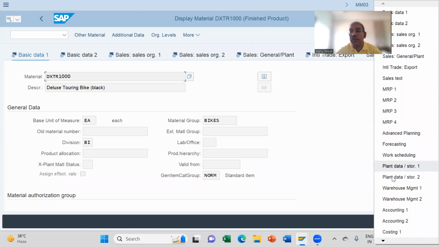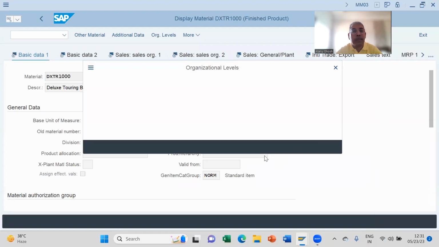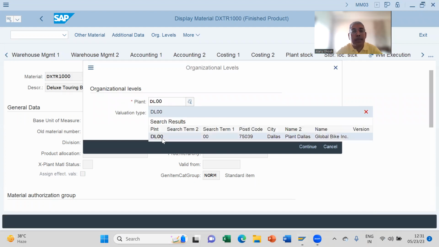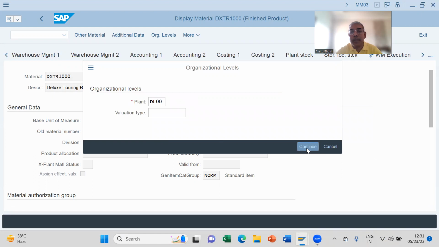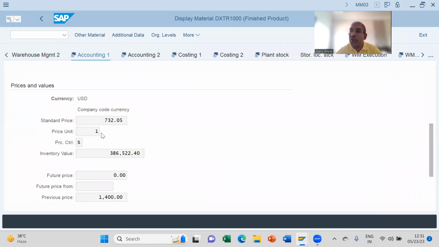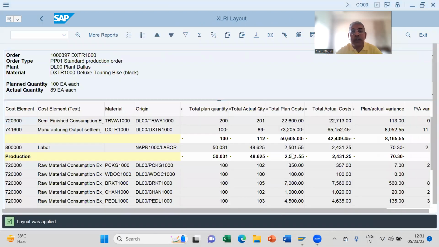Go to the accounting view. 732.05 multiplied by 100 should be equal to your 73,205. 732.05 multiplied by 100 is the planned cost of DXTR, which is produced, and hence it is minus.